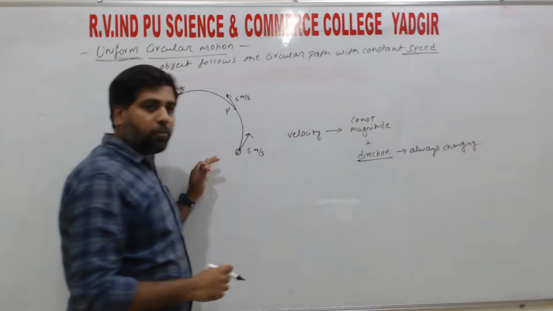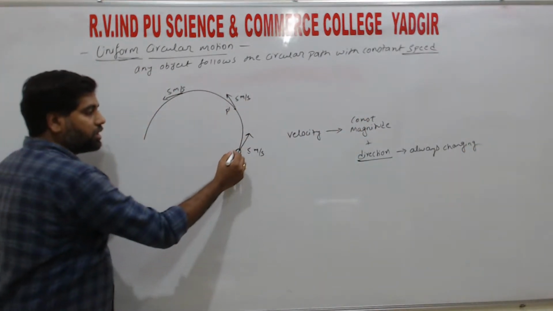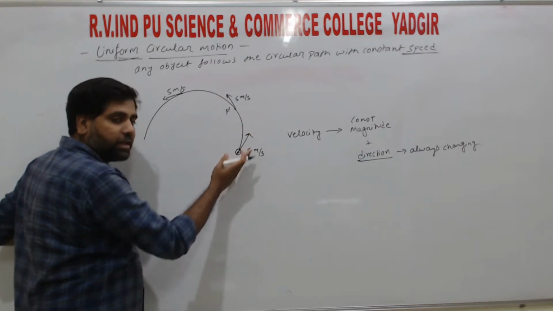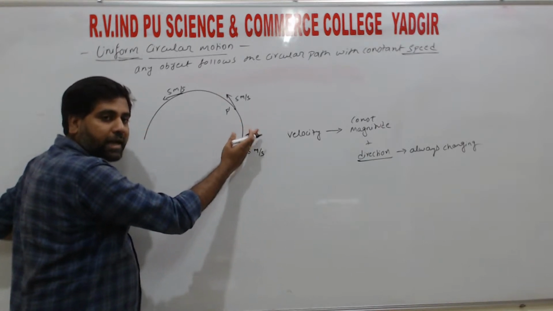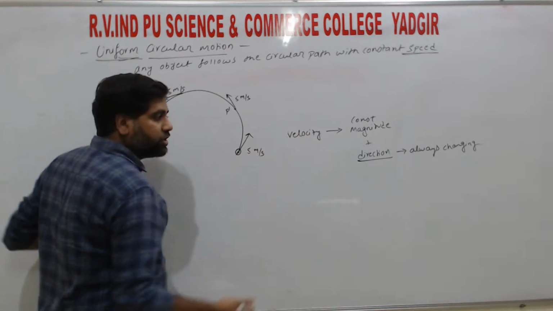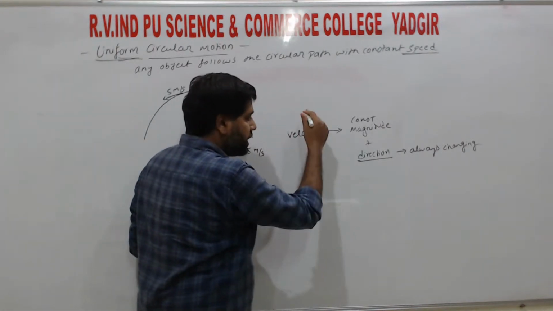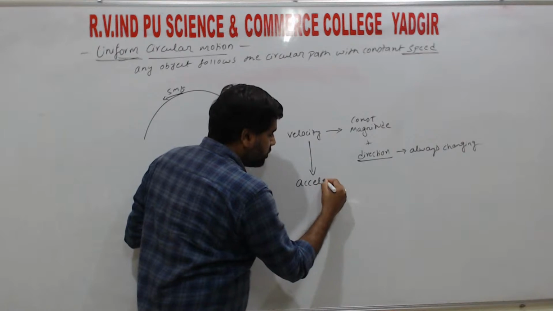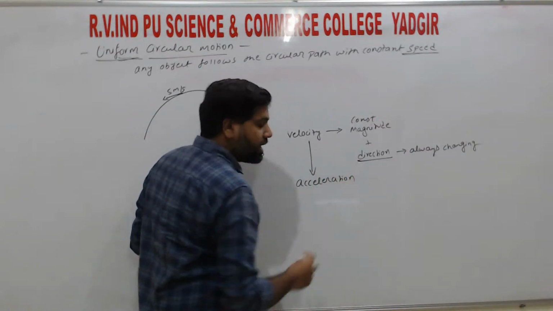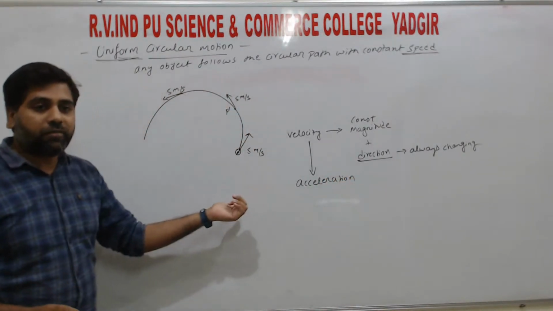As the object changes from one position to another position, the direction of its velocity changes. As the direction changes, the object is moving with acceleration. Acceleration is the change in velocity with respect to time.